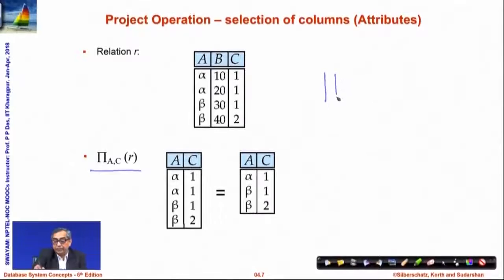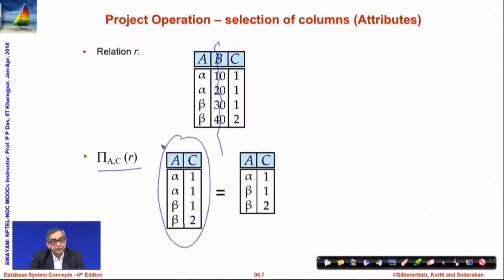It is written with the notation pi, and then you write the columns that you want in the result of the projection. So, you say this is A C. Which means basically the column which is not selected in the projection, you can simply forget about, simply erase it. If you erase that, you get this relation.